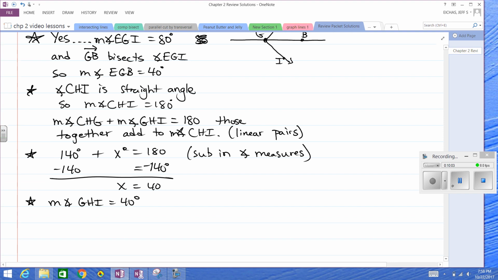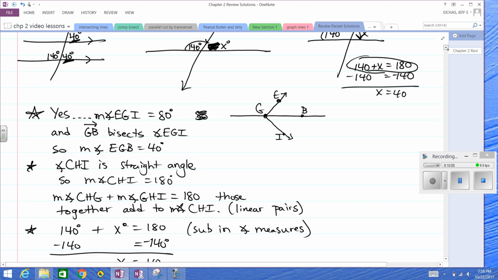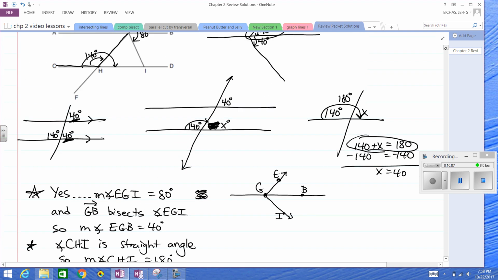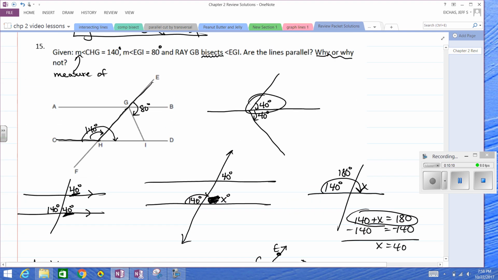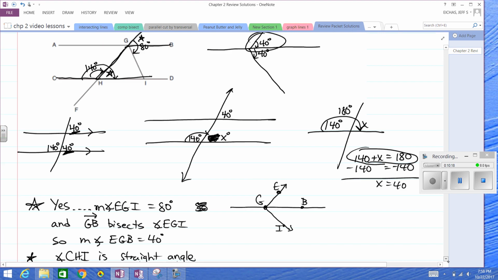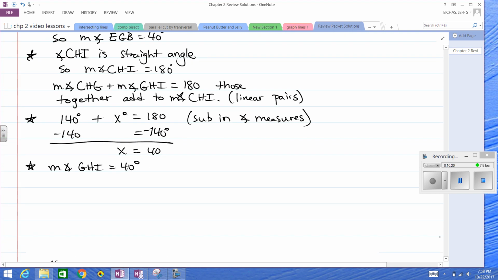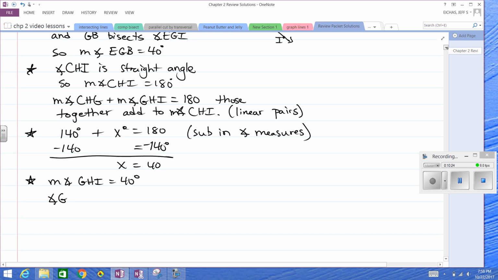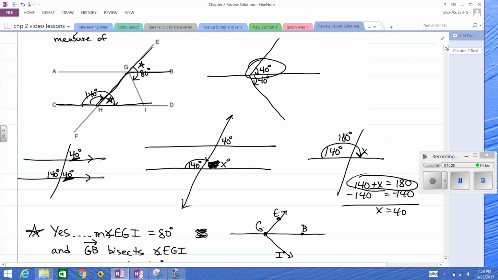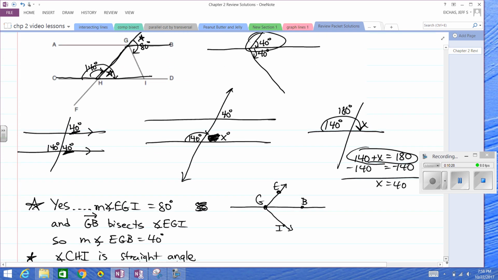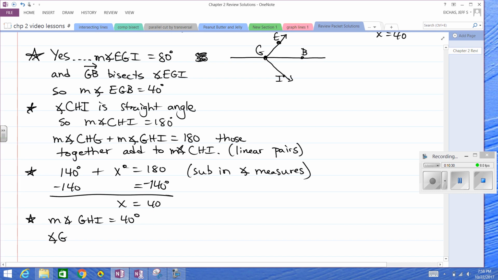Now, going back up here, what I'm going to say is angle EGB and angle GHI, those are corresponding angles. And since they both have the same measure, the lines must be parallel. Angle, what is it again? All right, hang on, sorry about that. EGB. Angle EGB.